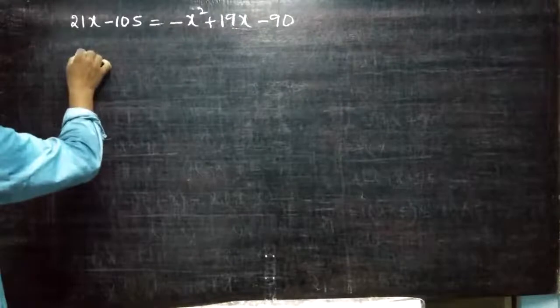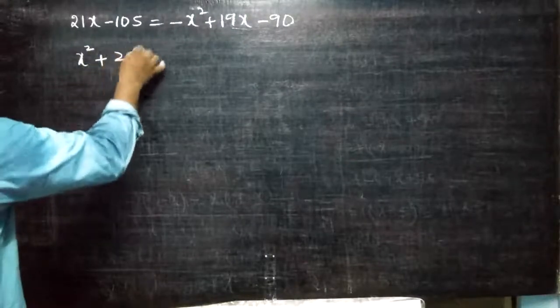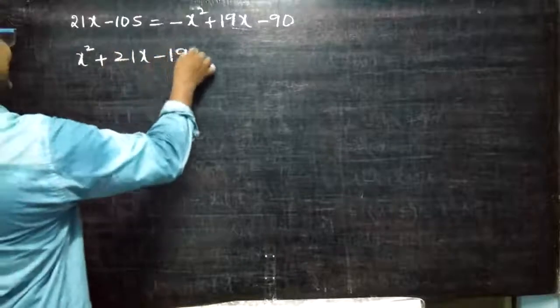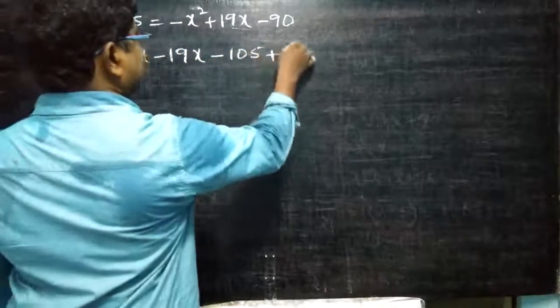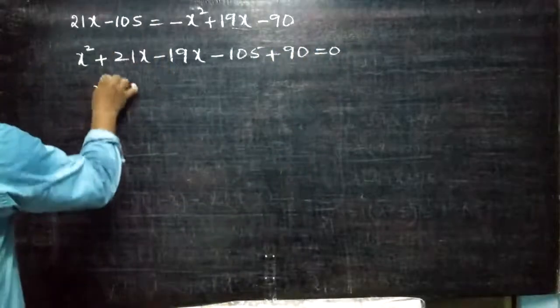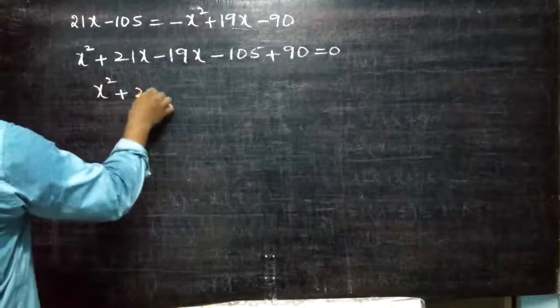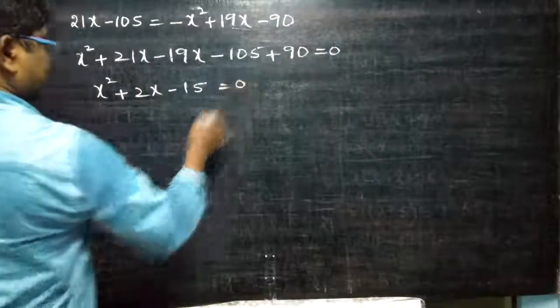Minus x square comes from right to left as plus x square, plus 21x minus 19x minus 105 plus 90 is equal to 0. Now x square plus 2x minus 15 is equal to 0.